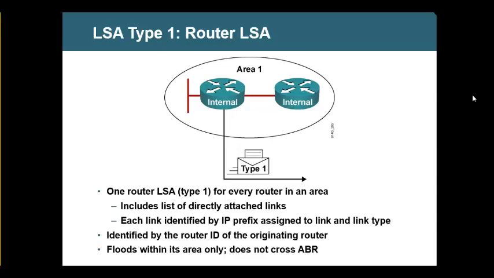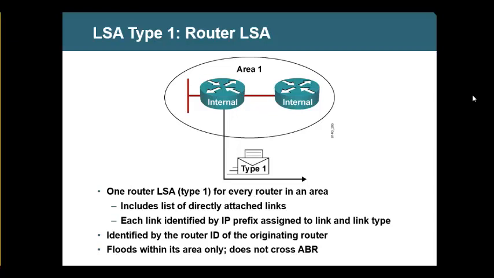The scope of this LSA is within the area. This LSA will not go to the next area. One router knows about the networks in other routers that are in the same area using this LSA.